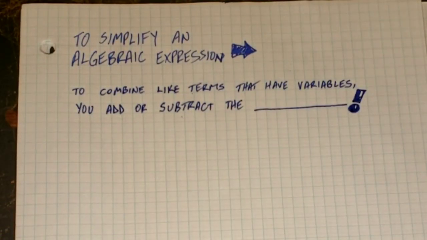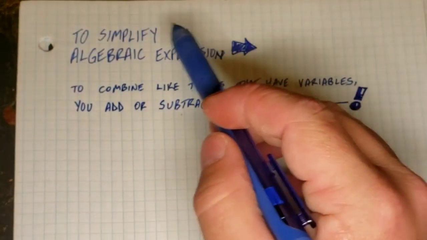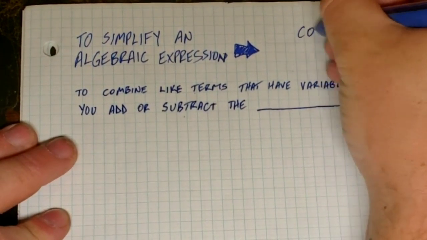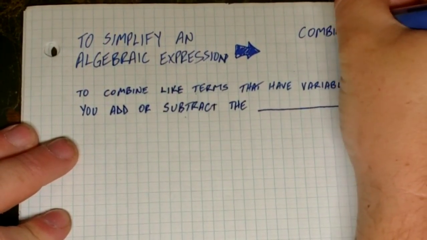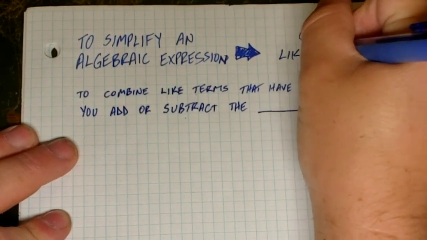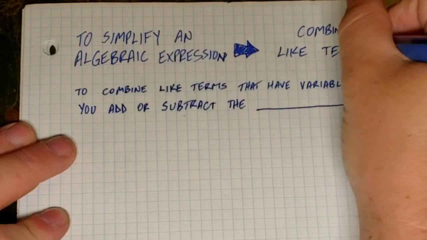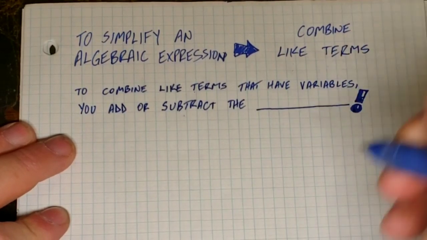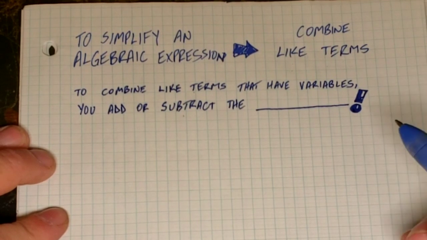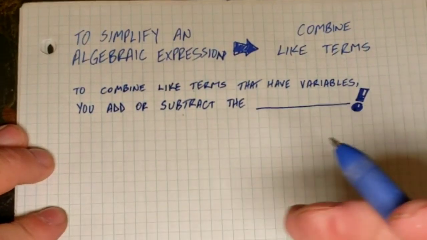So again, why did we learn which ones are like terms? Because if we want to simplify an algebraic expression, what we need to do is combine the like terms. So think back to the M&Ms. How did we combine the like terms? We had our x's, we had our y's.